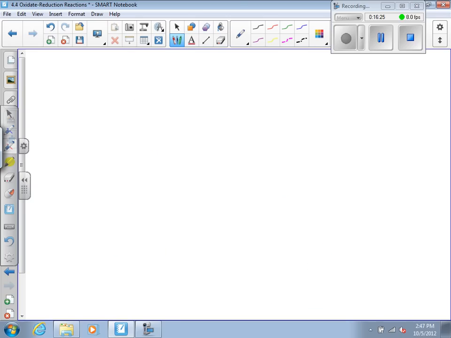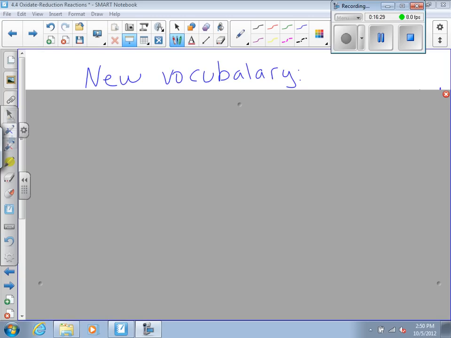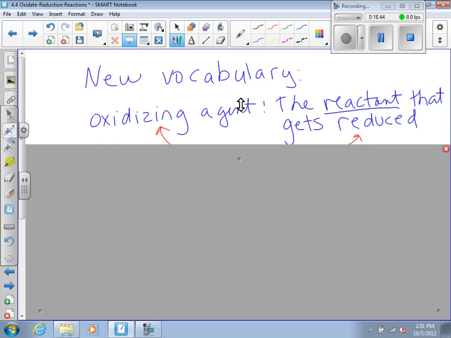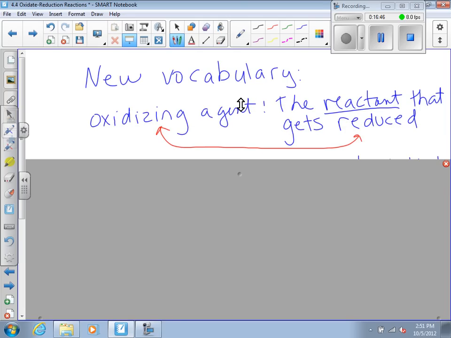All right, there's one last thing that we're going to learn here. Okay, we have some new vocabulary. I just took a peek at that and saw that I had been writing too quickly and misspelled vocabulary. So there we go. Vocabulary's all fixed. So we have some new vocabulary. The first vocab word we're going to learn is an oxidizing agent, which is the reactant in a reaction that gets reduced.